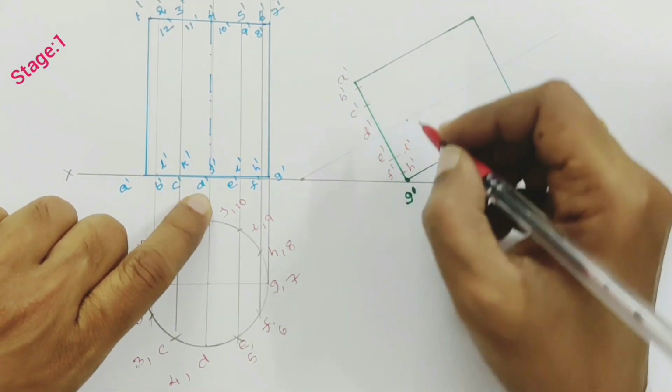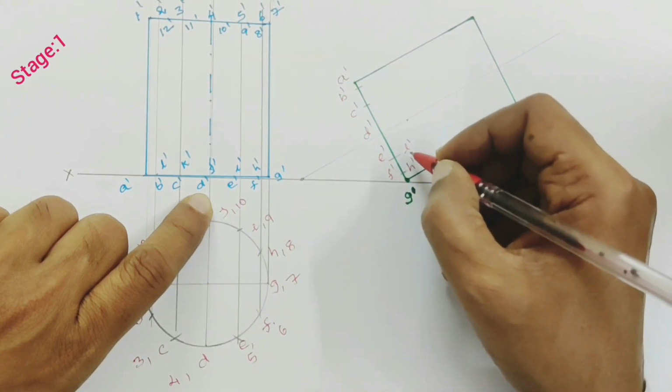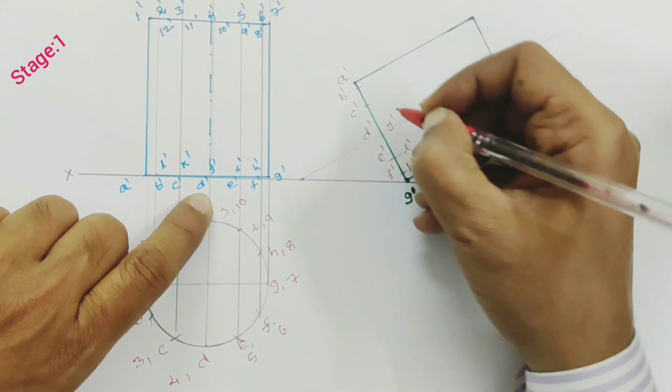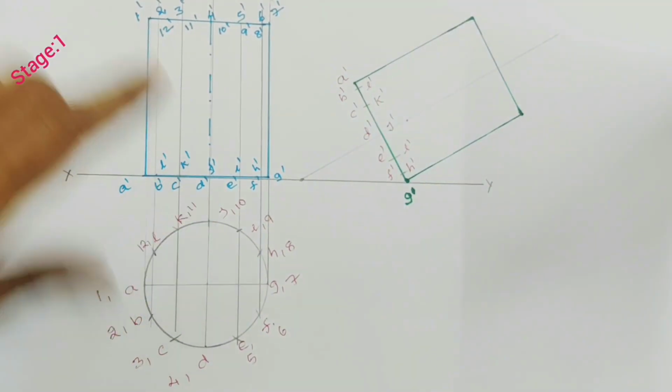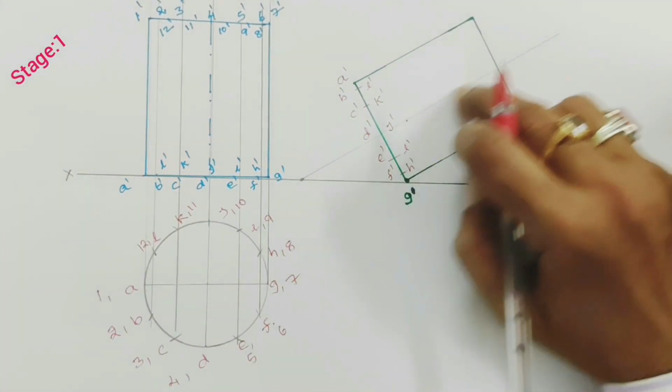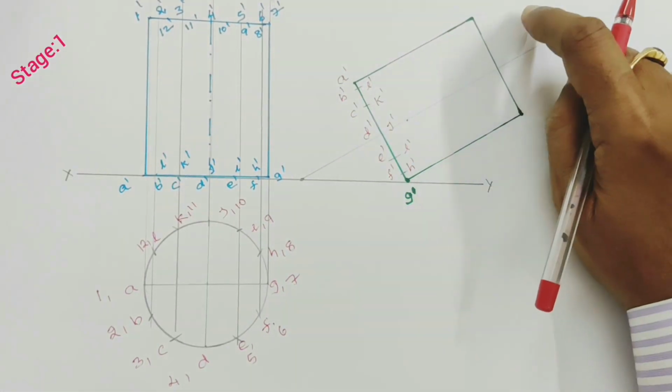Next, A, B, C, D, E, F, G, H, I, J dash, K dash, L dash. Then parallel to axis line, passing through these divisions, draw lines.